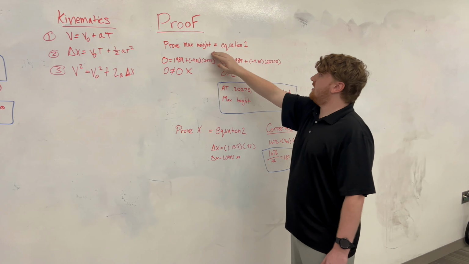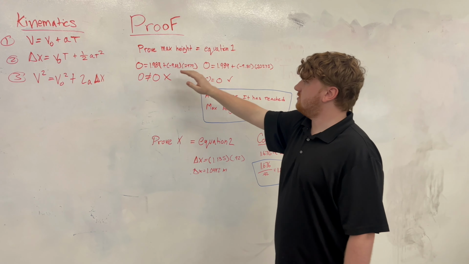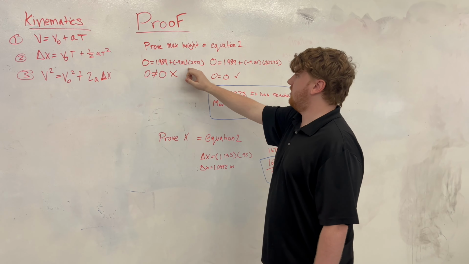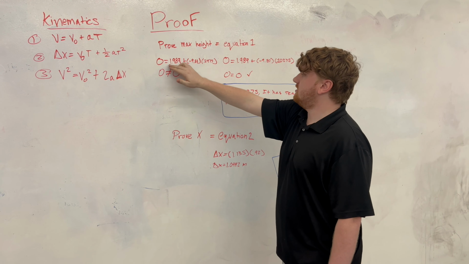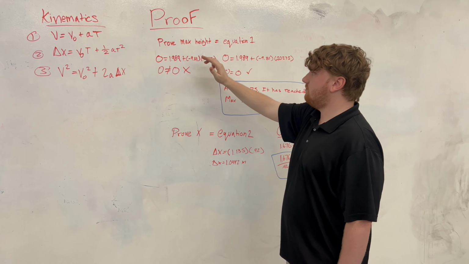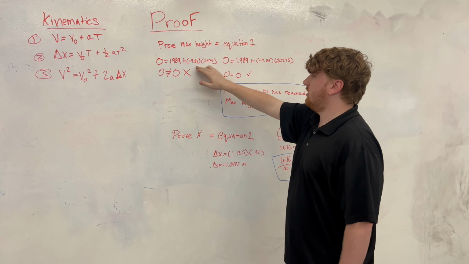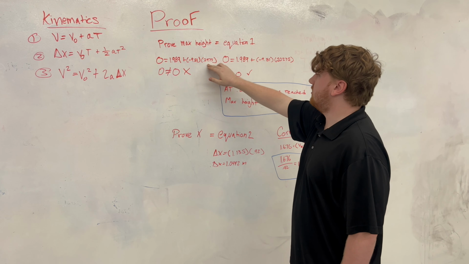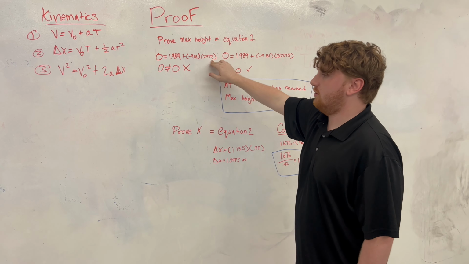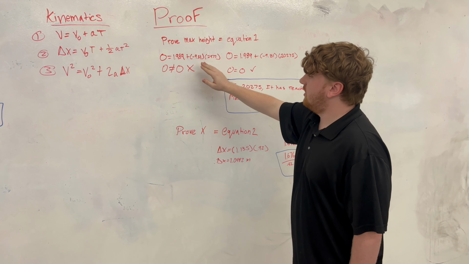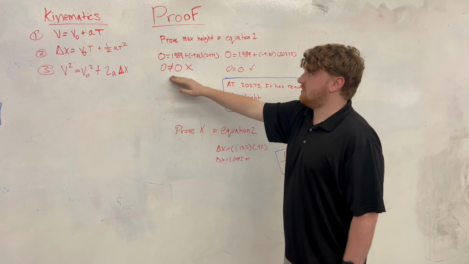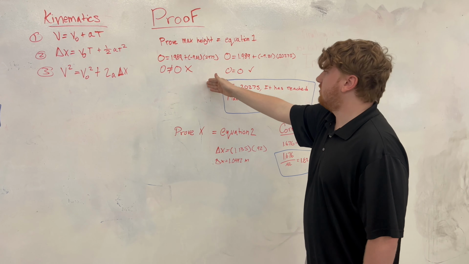We are proving max height through equation 1, and this is using the Logger Pro data for this left side here. 0 is equal to 1.989 plus negative 9.81 multiplied by 0.2975, which is the time given to us by Logger Pro, which does not actually equal 0, it equals about negative 0.93.